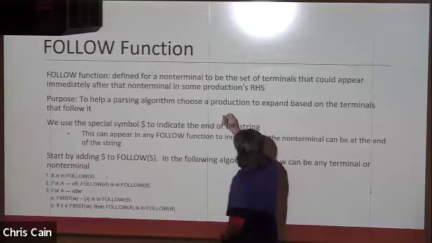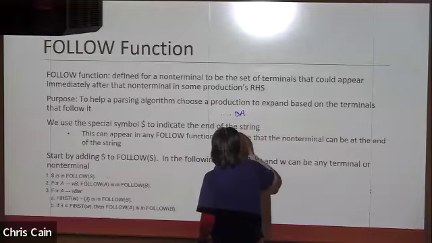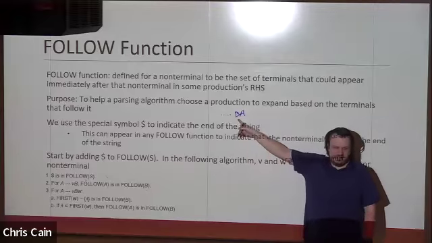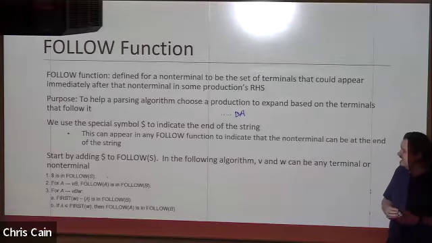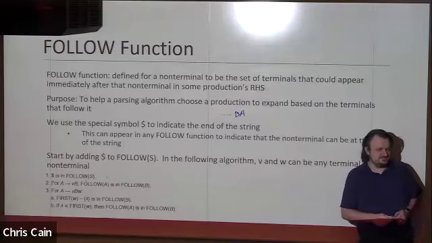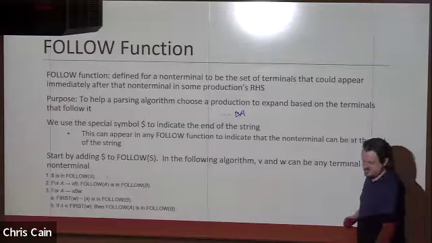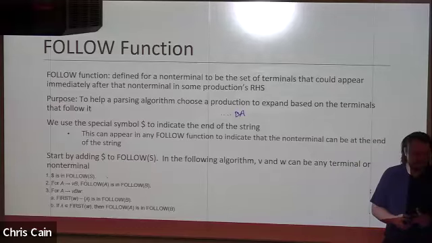So if we have something followed by BA in a derivation, then whatever is in first of A has to be in follow of B by definition. So we will be using first as a subroutine of follow whenever we have back-to-back non-terminals, which of course is very frequent. Does that intuitively make sense?